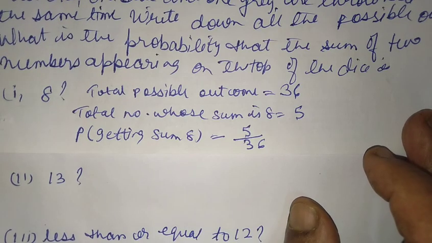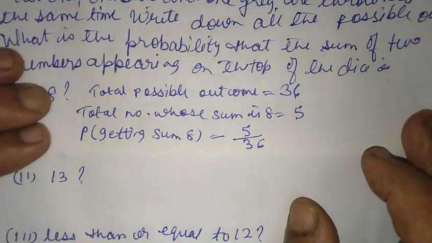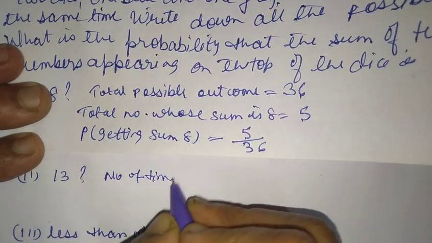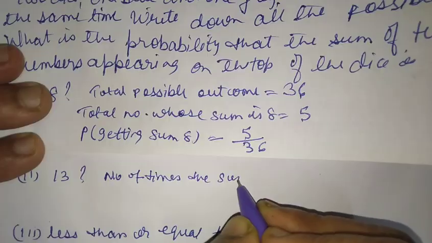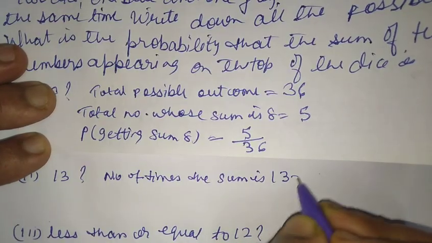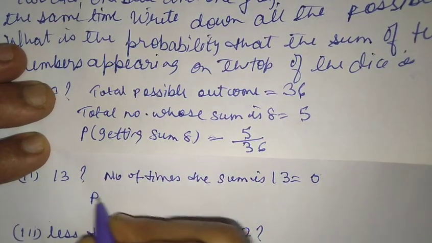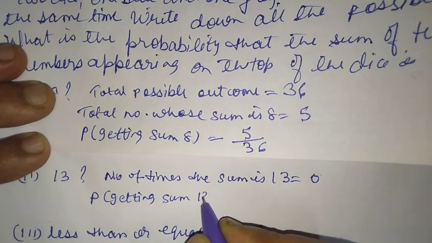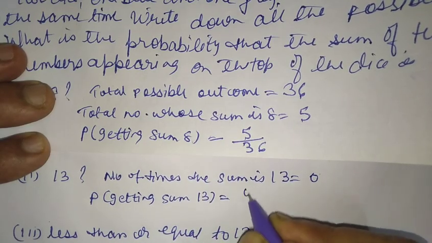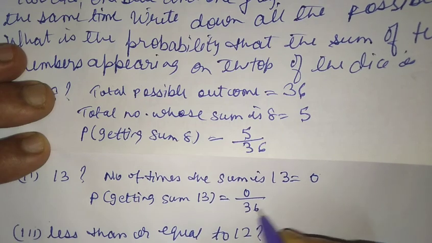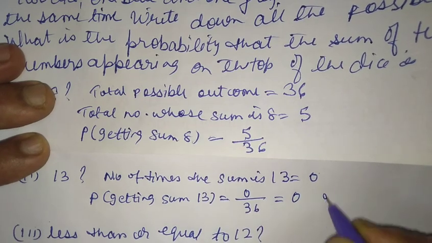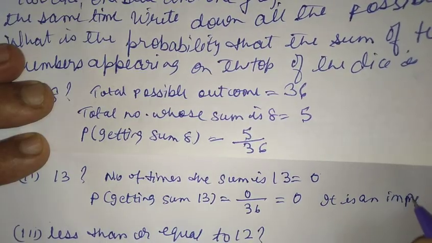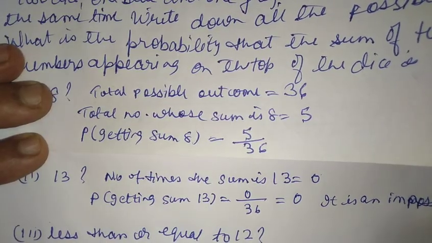So it is an impossible event, or you can write that the number of times the sum is 13 is equal to 0. So the probability of getting sum 13 will be equal to 0 by the total possible outcomes, that is 36, so it will be 0. So it is an impossible event here.